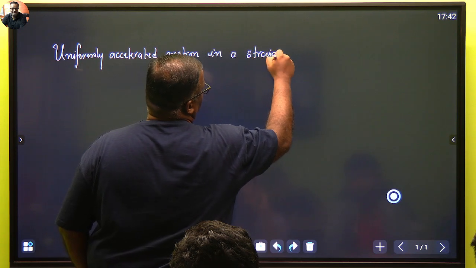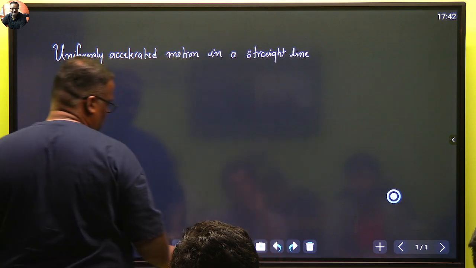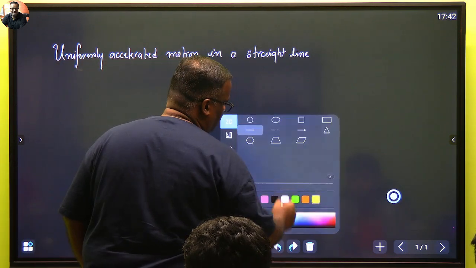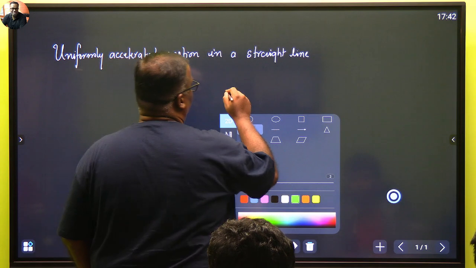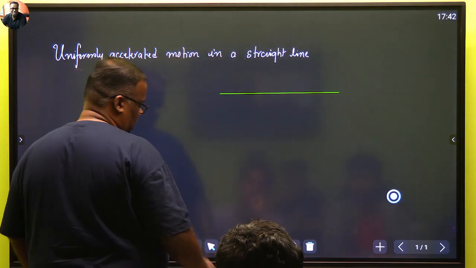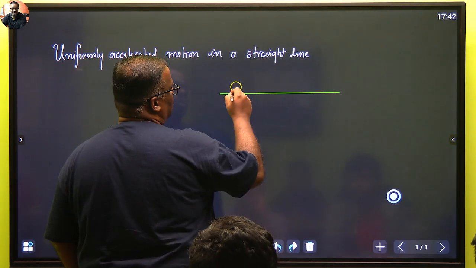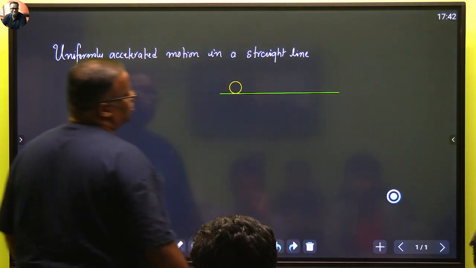That means in this chapter, whatever questions we are going to get, the body follows a motion path which is a straight line. Our body will move in a straight line motion throughout this chapter. This body is going to follow a straight line path.